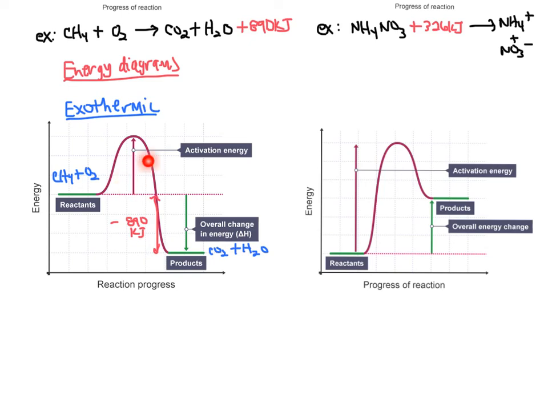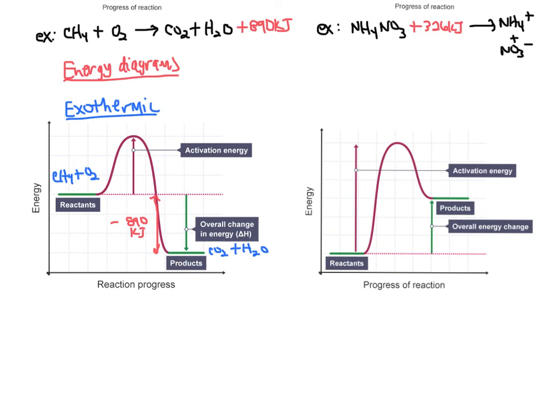Then you have this thing called activation energy. So activation energy, we're going to talk about more in the next unit, but activation energy is really just that all chemical reactions actually require an input of energy to start, all of them. So you have to put in a little energy and then you get your product. So think about a roller coaster.